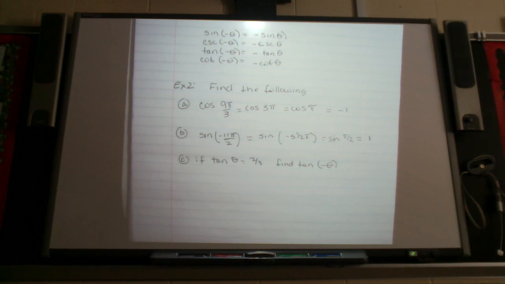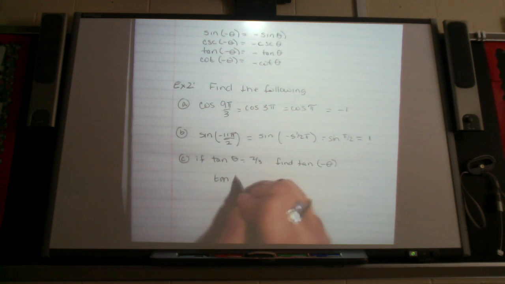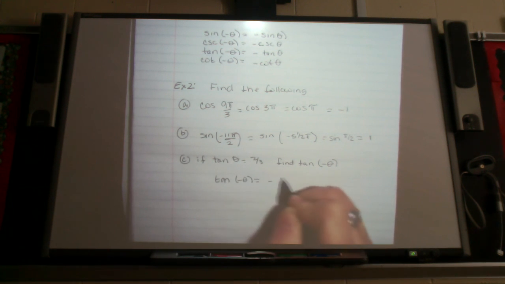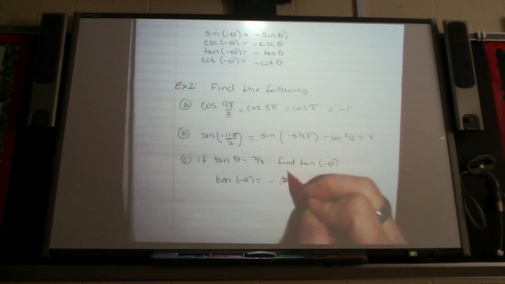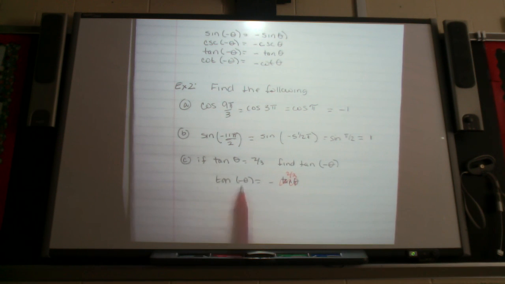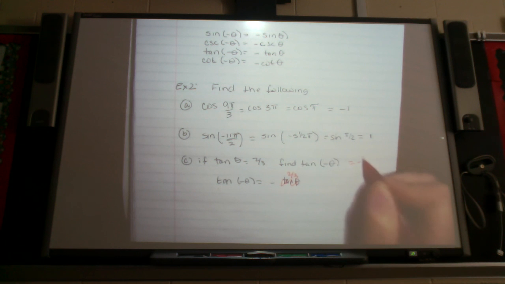Negative what? How'd you get that? Because tan of negative theta equals negative tan of theta. So we look at this, and what did they tell us? They told us that tan of theta was 2/3. So tangent of negative theta equals negative 2/3.